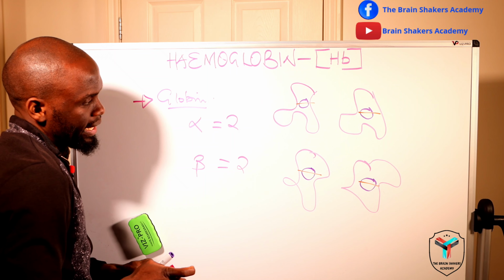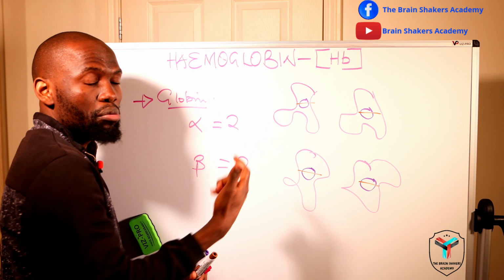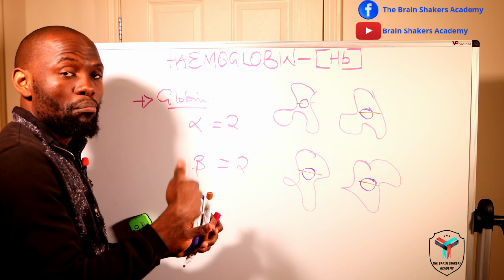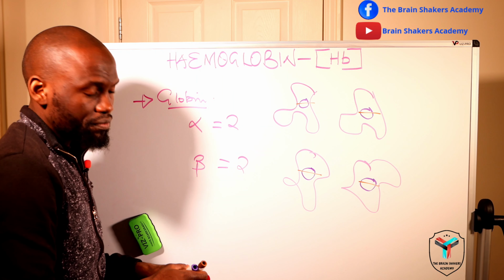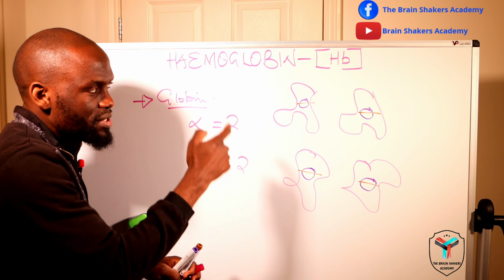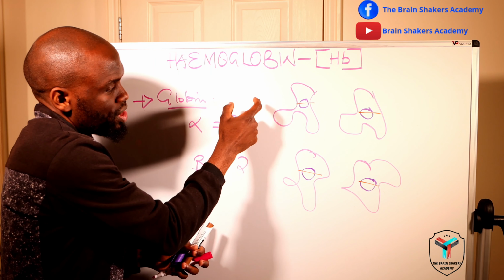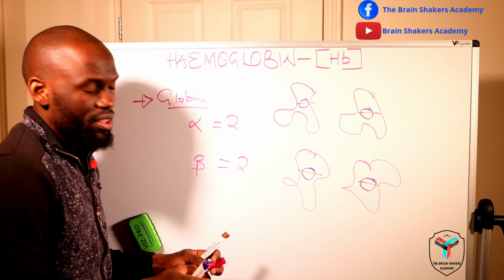So that will be your iron there, which is making 4 bonds with the protoporphyrin ring, and then makes a bond with the globin chains, and at the same time we will reserve another position to make a bond with oxygen.